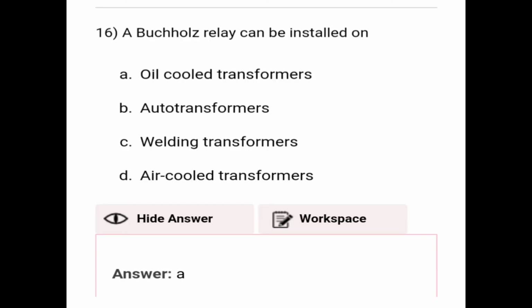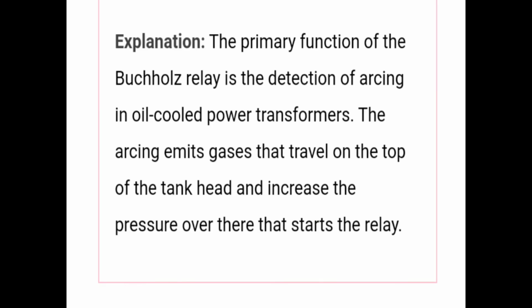Next question: a Buchholz relay can be installed on oil cooled transformers, auto transformers, welding transformers, or air cooled transformers. The correct answer is option A, that is, a Buchholz relay can be installed on oil cooled transformers. The explanation is that the primary function of the Buchholz relay is the detection of arcing in oil cooled power transformers.